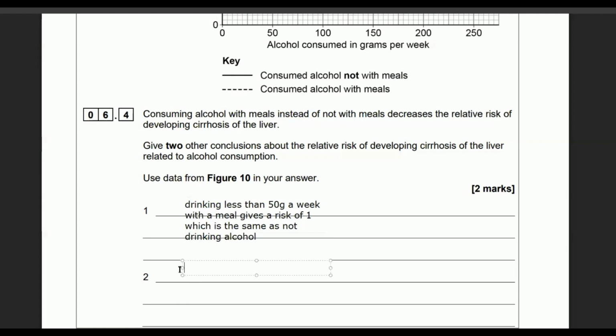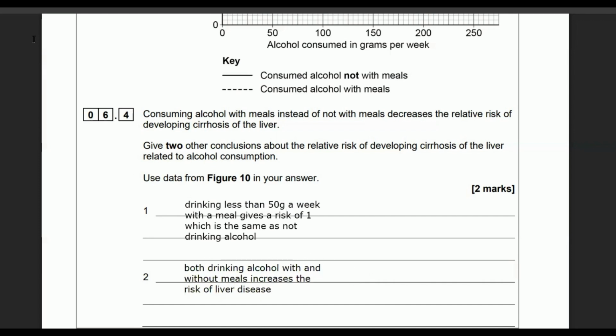And then I'd also say both drinking alcohol with and without meals increases the risk of liver disease. Now, I can't be bothered, but I'd back that up with evidence from the graph.